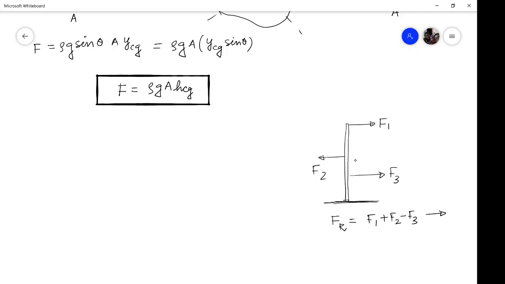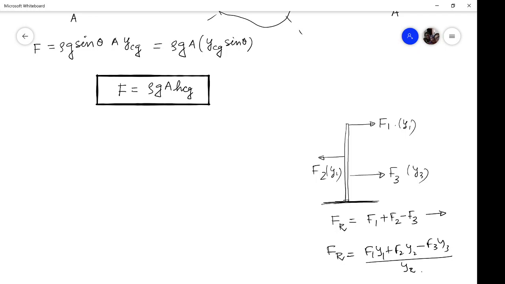So if these forces are at locations y1, y3 and y2 from this, the resultant force will be acting at what point? F1 y1, F2 y2, F3 y3 by y resultant.